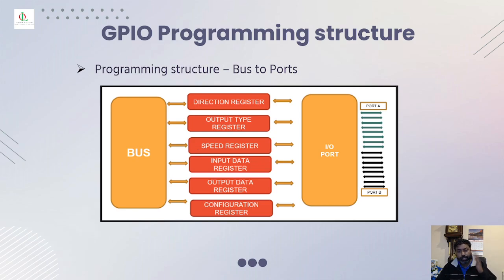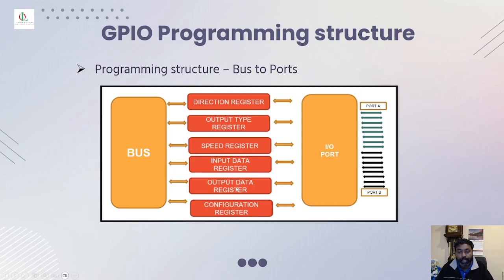The third is the speed register. When you want to switch the register between the transition states between zeros and ones, you need to see that fluctuation. That's where the speed registers are used. And there is the input data register, which you use to read any data from that particular pin or port, which you will learn in the next session about using the IDR register.